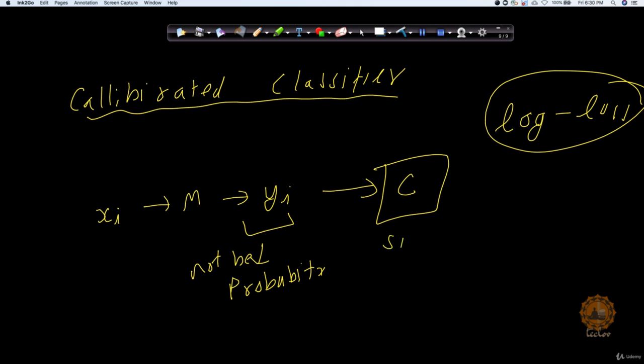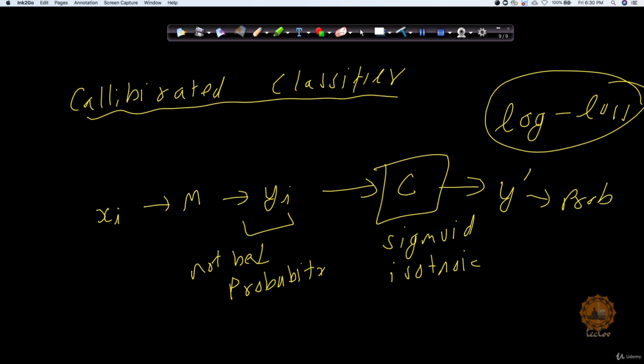It may be a sigmoid function, or it may be an advanced function like isotonic. Then it is going to return you the form y dash, which is going to be a probability. So as a thumb rule, whenever you're going to use log loss, it's always a good idea to use a calibrated classifier, so that your final output is always in probability format. It helps you convert it to probability format and use it.